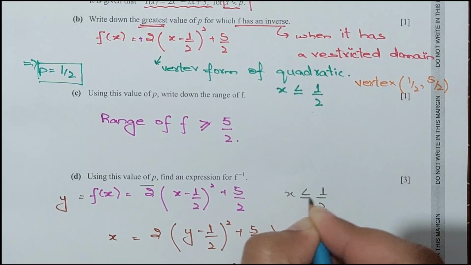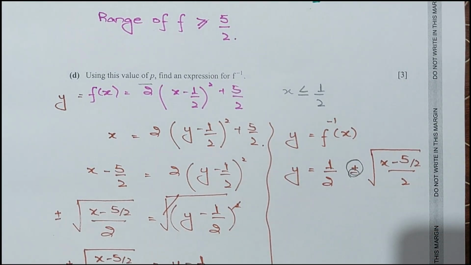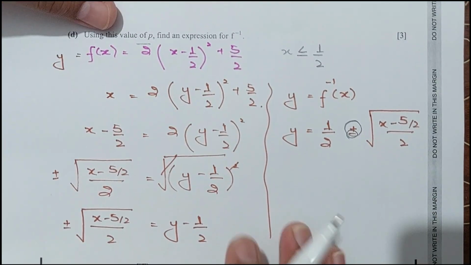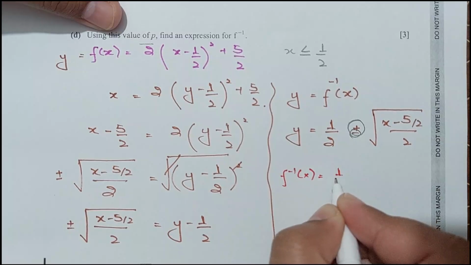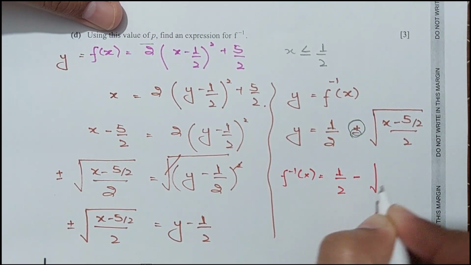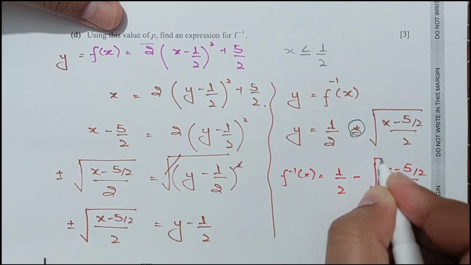It is less, so we have to take a negative. So we can say the expression for f inverse of x becomes 1/2 minus the root of (x minus 5/2) over 2.